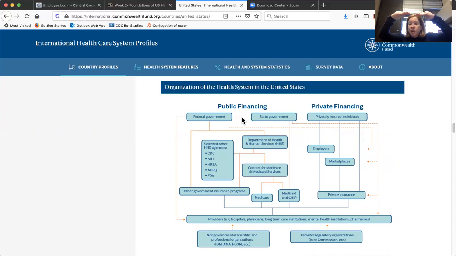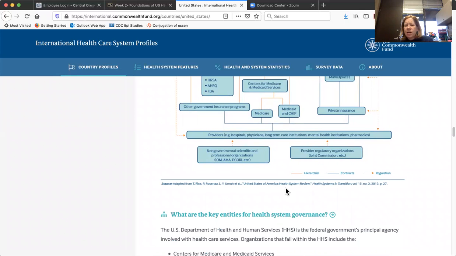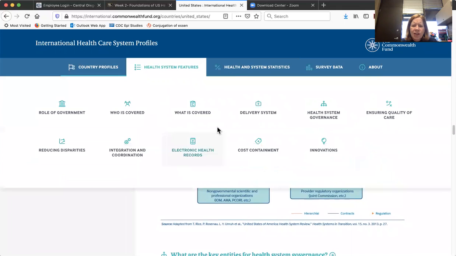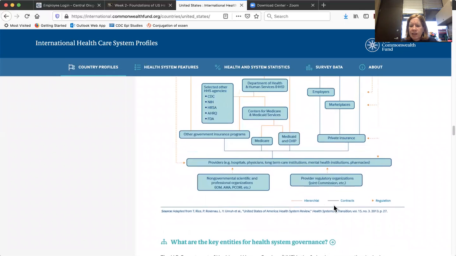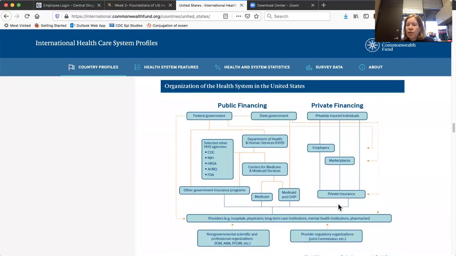And so sometimes not every state does what the federal mandates are. Then underneath that, it goes down, and you'll see little dots. The dots, in here just off to the side, show the relationships. And then these are actual contracts, that means legal contracts.